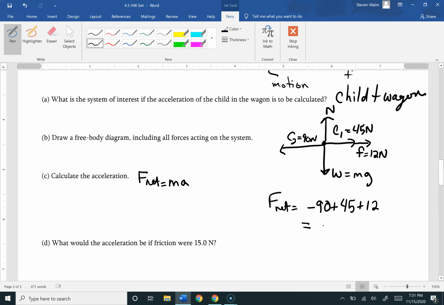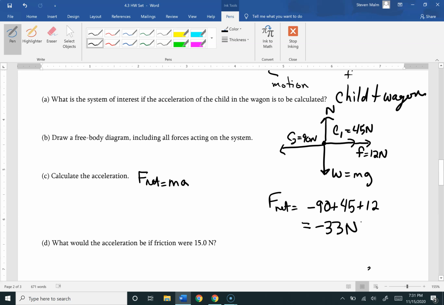Our net force is equal to, hold please, gotta get me a calculator. Negative 33 newtons.